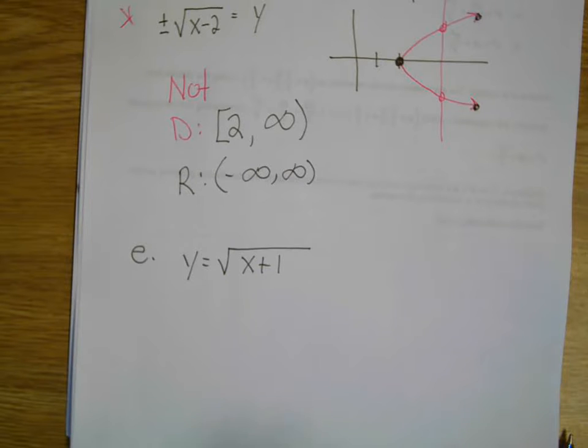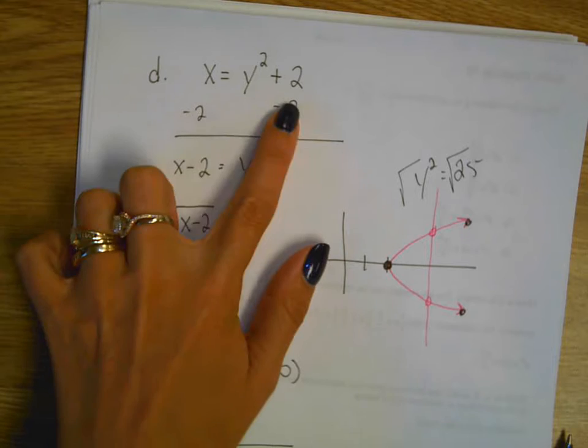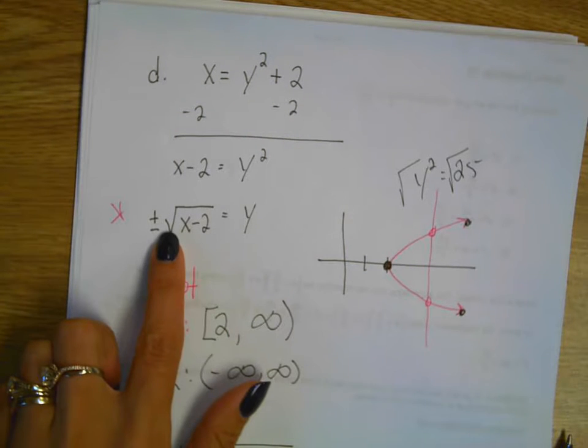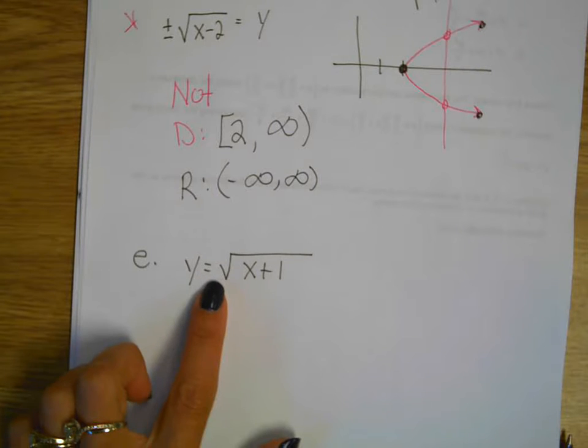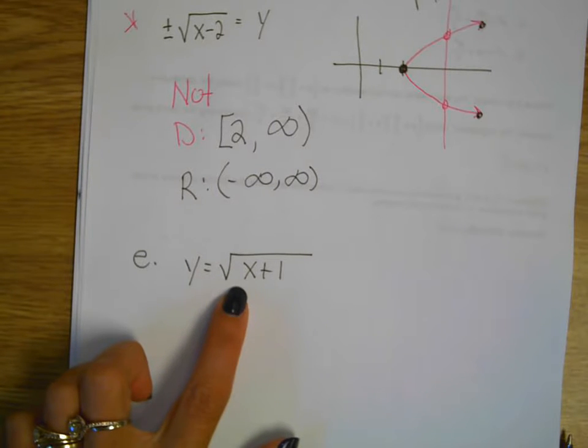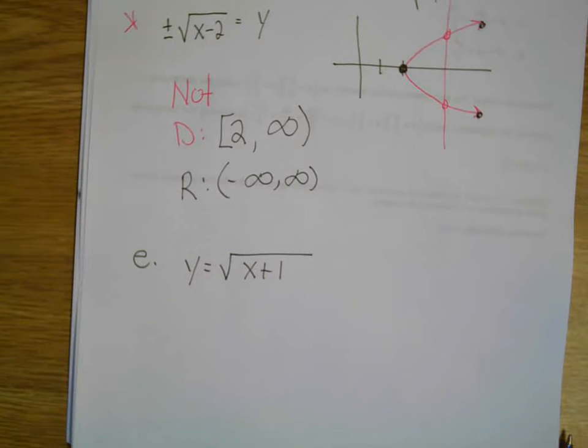So the difference between E and D is that D didn't have a square root. I introduced it when I was solving for y. Here, this is just saying I only want the positive square root of x plus 1, not plus and minus. It's given to me only the positive. So it's going to be that half of a parabola that we saw when we first graphed. So square root x plus 1.